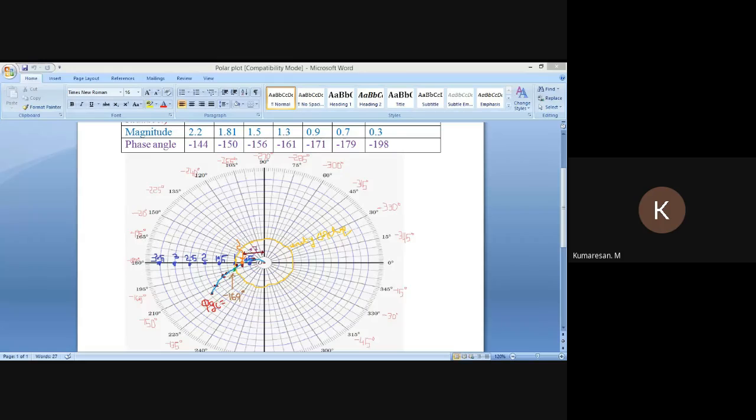Now next we move to finding the phase margin and gain margin.